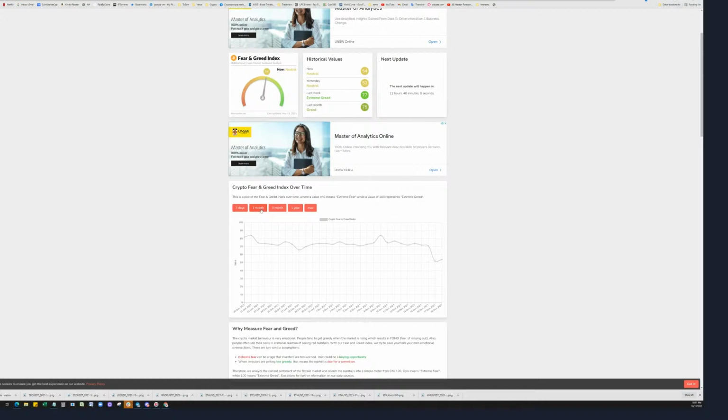If we look on the monthly, let's see what it looks like on the month. Okay, 3 months. So we had a nice drop. I don't think we're going to get that level again. Somewhere in the middle will be nice with the fear factor.